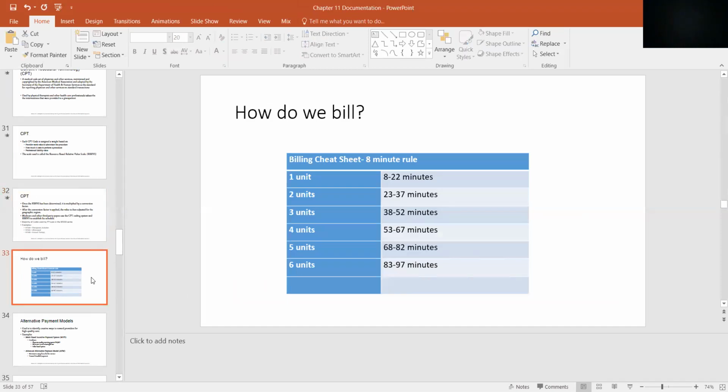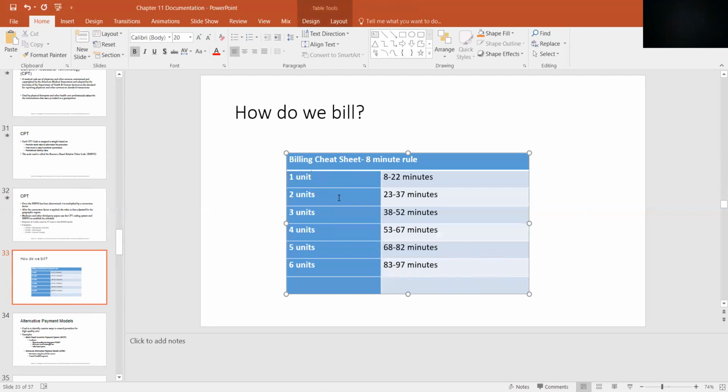And then I've already given you a little information about the 8-minute rule. Here we're really going to delve into this because you are going to start practicing how to bill for your services. One unit of a CPT code or a service has to be between 8 and 22 minutes. Two units can be the same CPT code, or it could be you're doing a TherEx with them and then a neuromuscular re-ed.